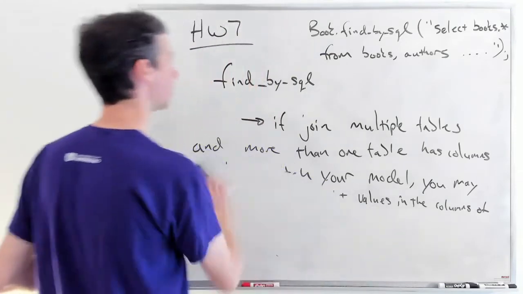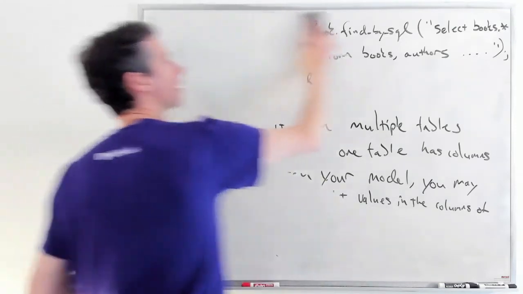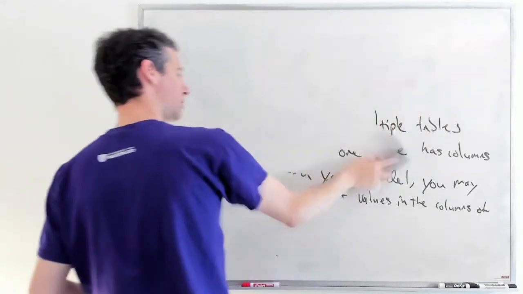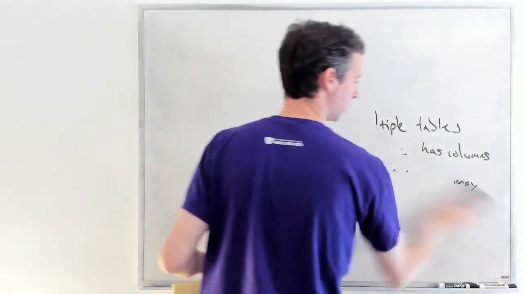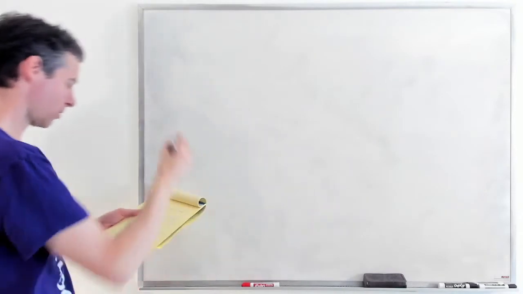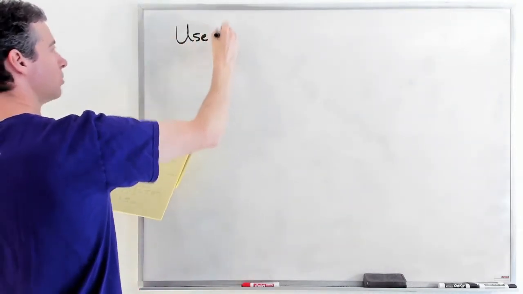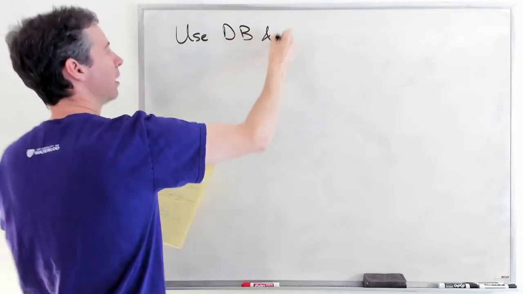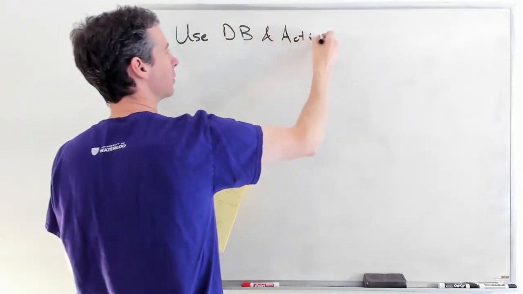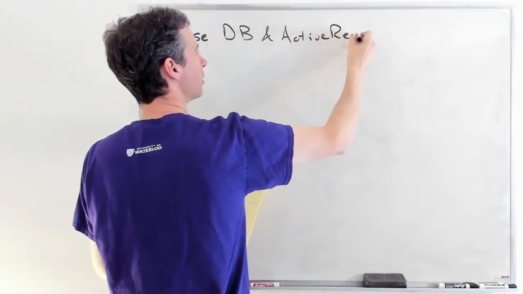Another thing that I saw on homework 7, and it's not an error, though the previous one produced an error. Something that I want you to keep in mind is that you should really try to use your database and Active Record, the functionality in it.